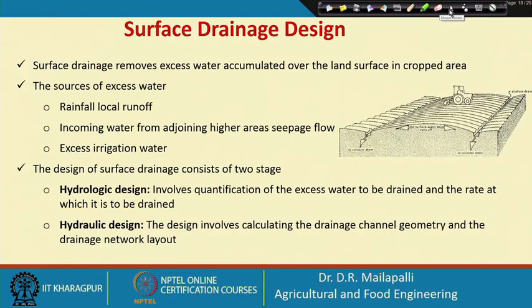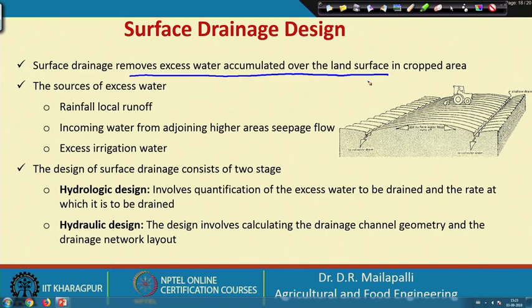Surface drainage basically removes excess water accumulated over the land surface in cropped area. Since we are interested in agricultural fields, our focus is to remove excess water from the farmland.